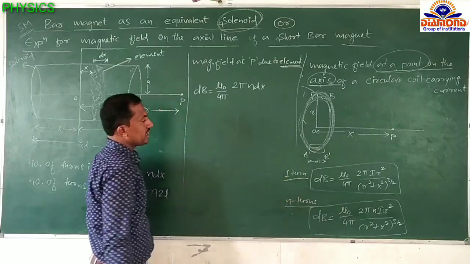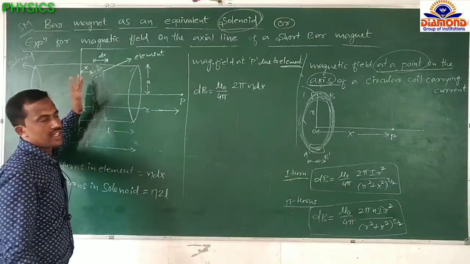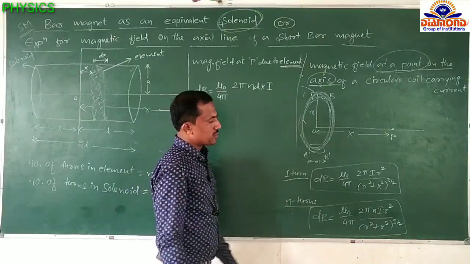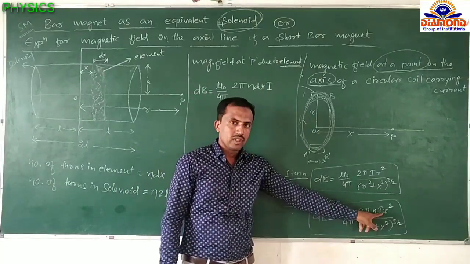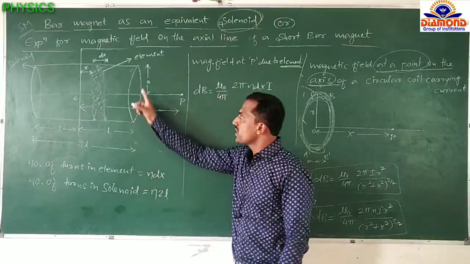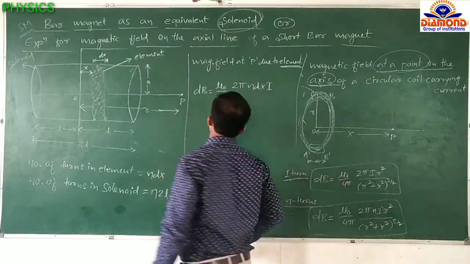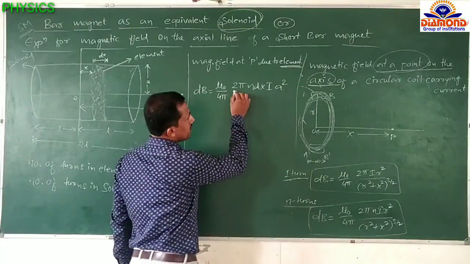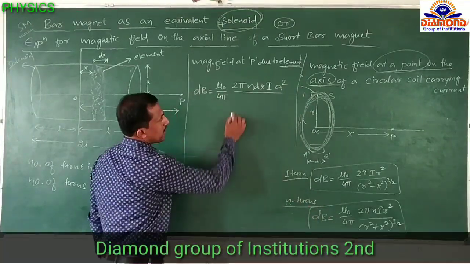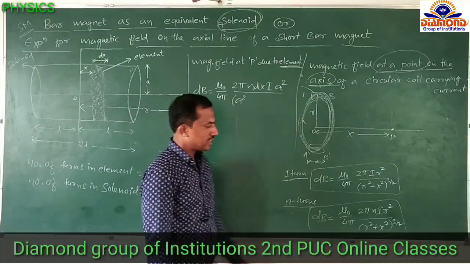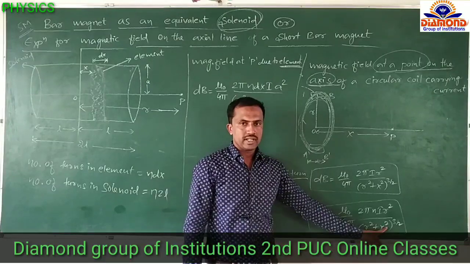The current flowing in the coil is I, so we write I. Next, R is the radius, but here the radius is A, so in place of R we write A square, divided by R square. In place of R square we write A square. Next is X square.